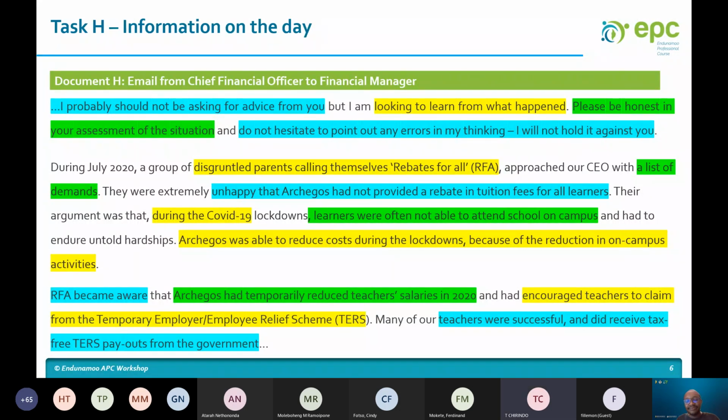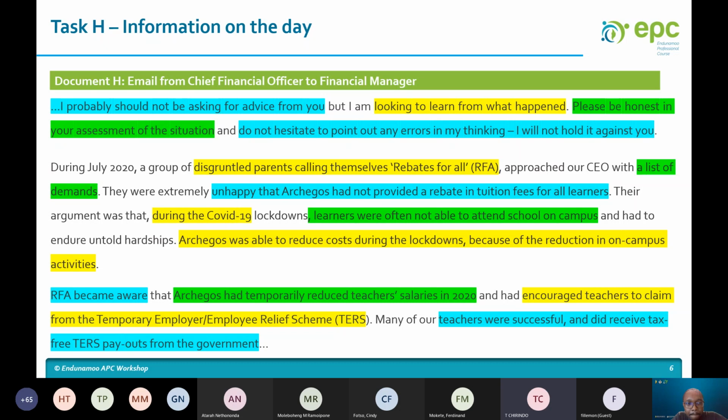On the statement that you read about the TERS, personally I felt like the RFA's concern was valid, because when the government paid that TERS to the employees, it was a saving to the company. I'm talking about the salary, so they saved on the expense.